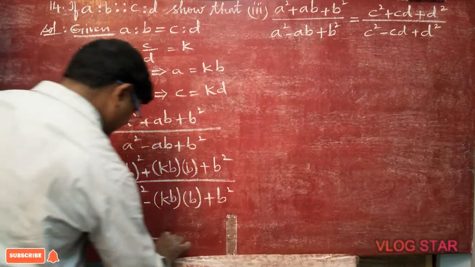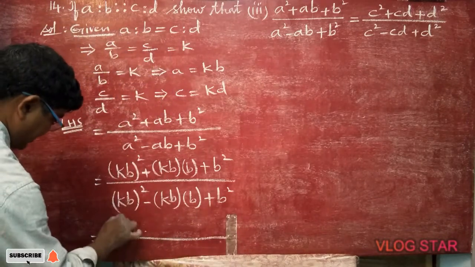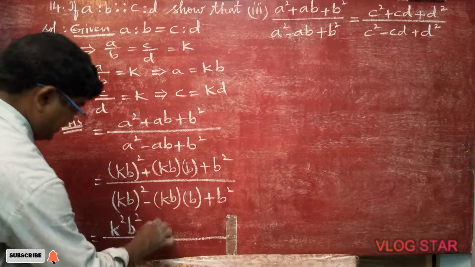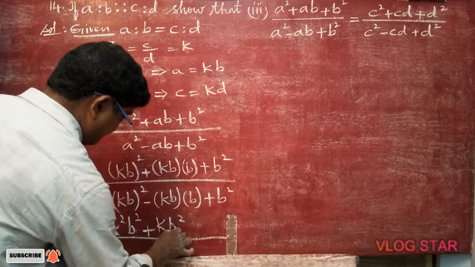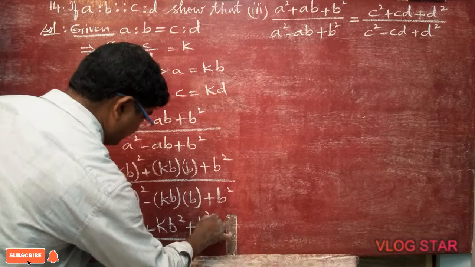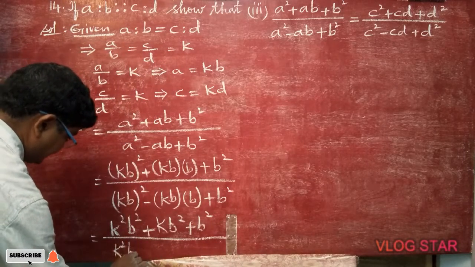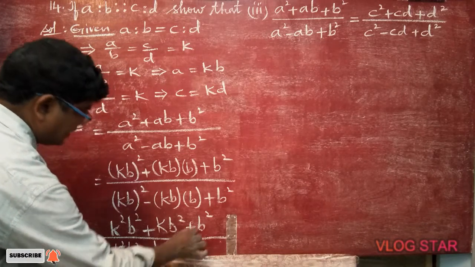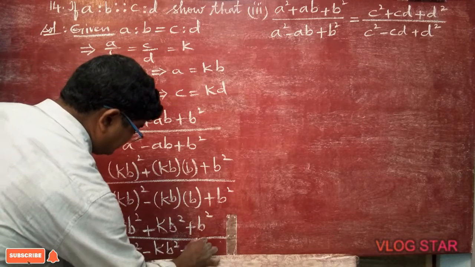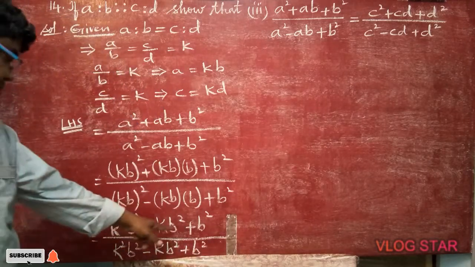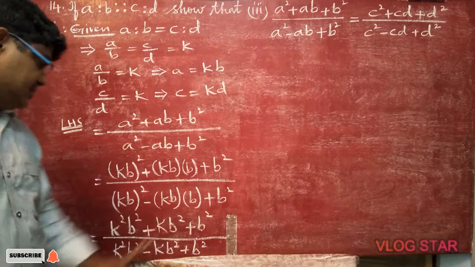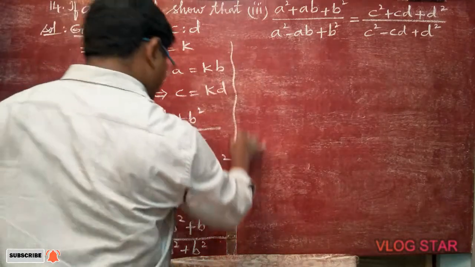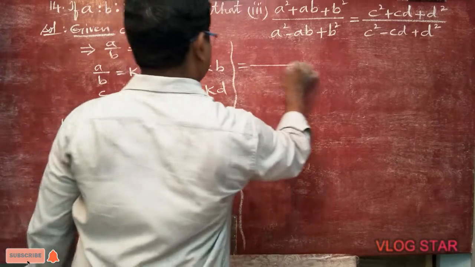That is equal to, now, K square B square plus KB square plus B square. Next here, K square B square minus KB square plus B square. In the numerator, B square is there. In denominator also B square is there. So take common. B square you are taking common.